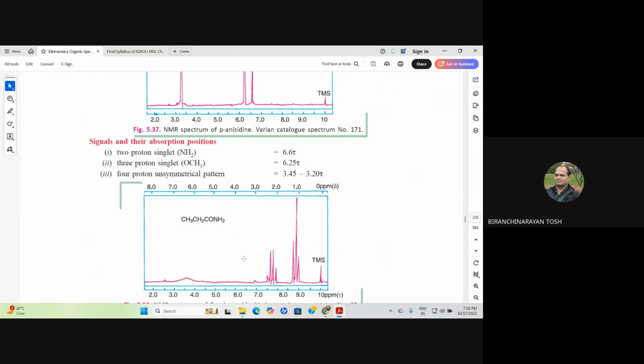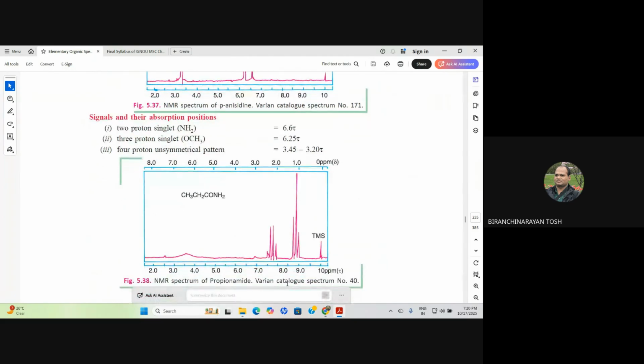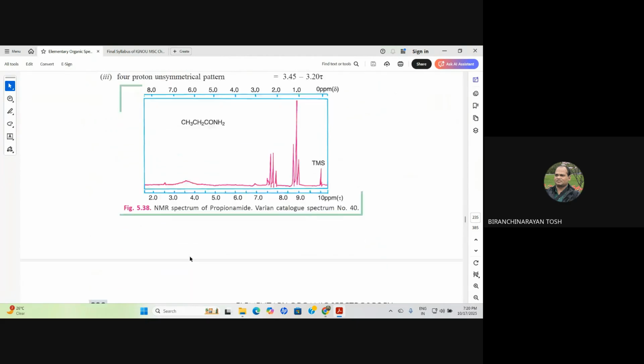So the 3 proton triplet is around 8.85, then the 2 proton quartet around 7.7, and a 2 proton hump around 2.9. For this amide NH2 proton, you will get a hump around 2.9 to 4. This is for amide.